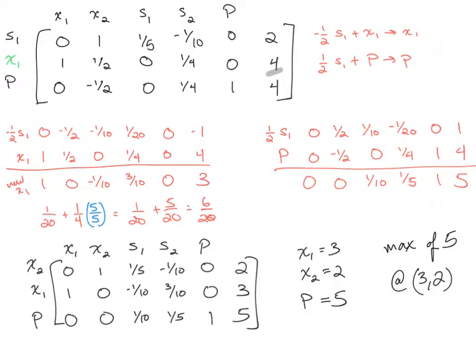And I guarantee if you went back and looked at all of the inequalities that we had, and you graphed those on a coordinate plane, 3 comma 2 would be one of your corner points, and that would probably be the corner point of the feasible region that would give you the maximum. I've got one more example for this video, so let's get to it.